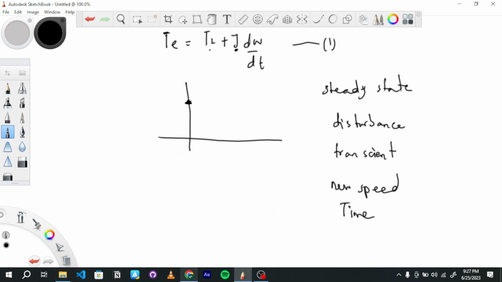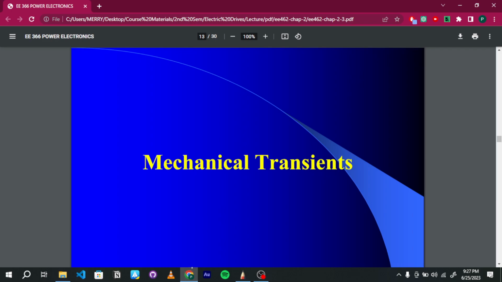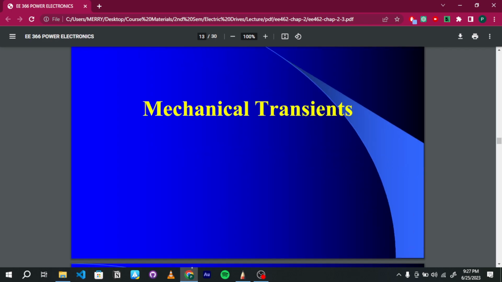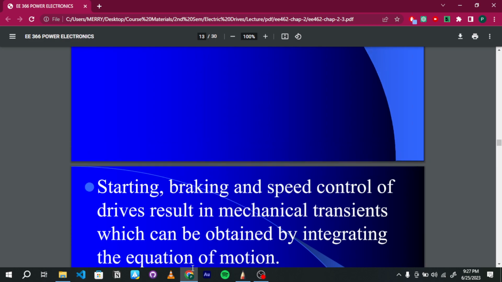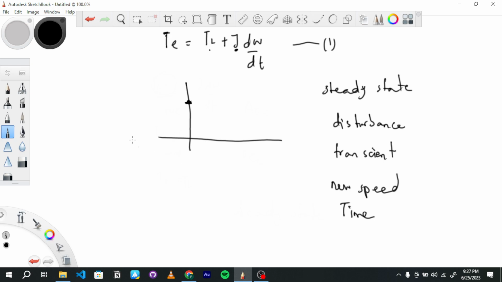Okay, so we can read from here. These are the disturbances I'm talking about. Starting, braking, and speed control of drives result in mechanical transients, which can be obtained by integrating the equation of motion. Let's see something here.